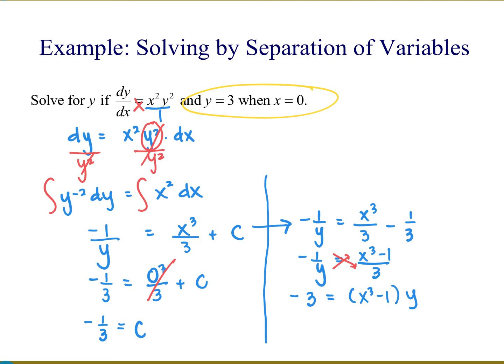And now we want to move the x cubed minus 1 so that we can have y by itself. So when we do, y will be by itself in negative 3 over, and then the quantity x cubed minus 1 ends up in the denominator. So we've successfully and legally gotten y by itself.